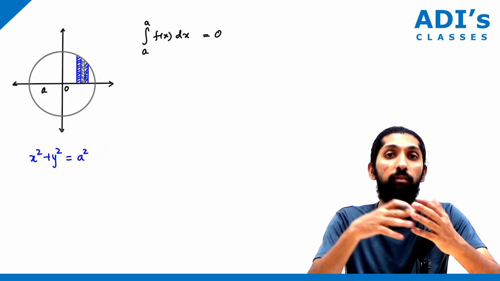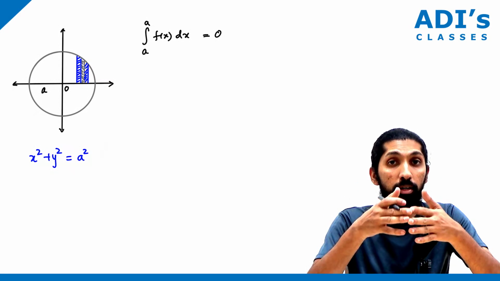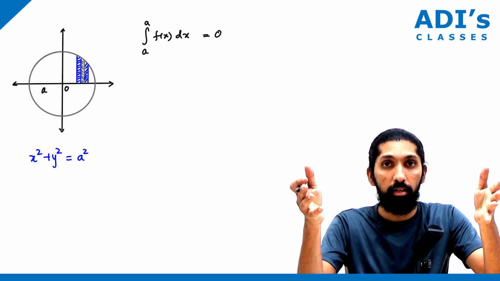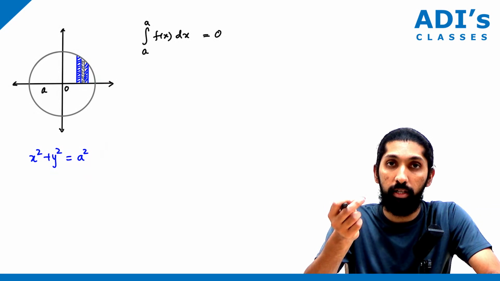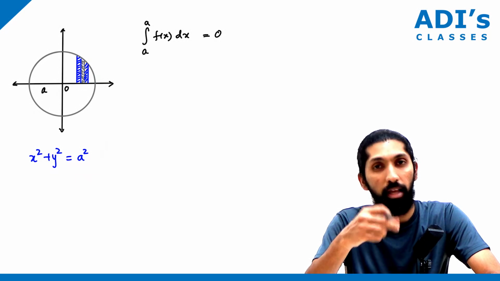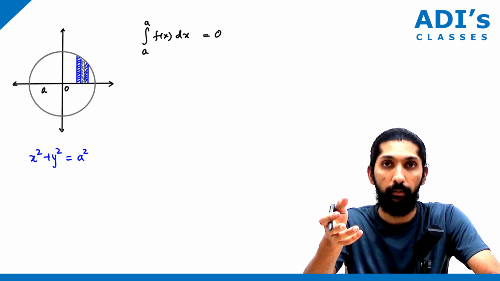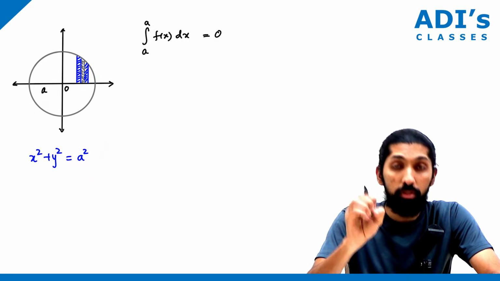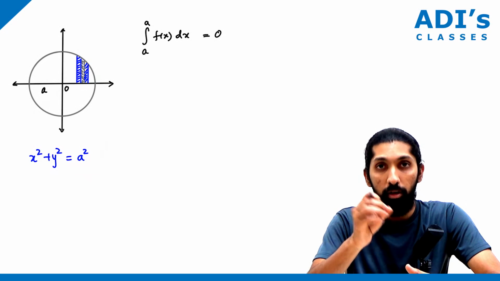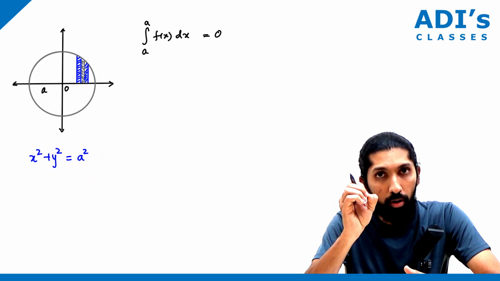If the width becomes bigger, a lot of errors can occur, in this or any other figure. So to reduce that error, we take a very, very small strip.